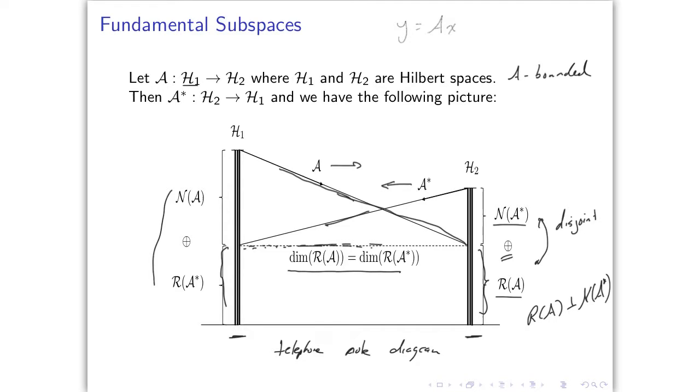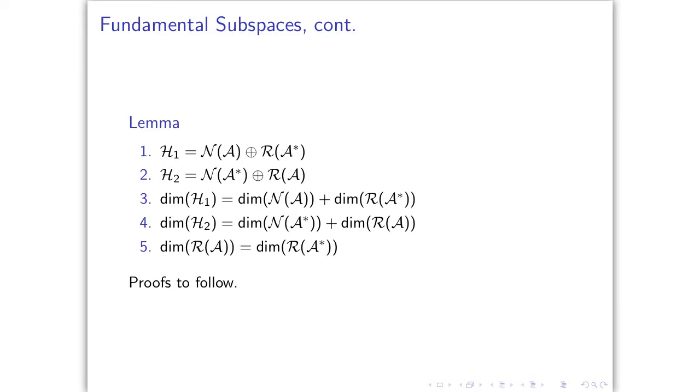It turns out that the dimension of the range spaces are exactly the same. So that means the dimension of the range space of that differential operator has to be finite. And that leads to lots of interesting applications.